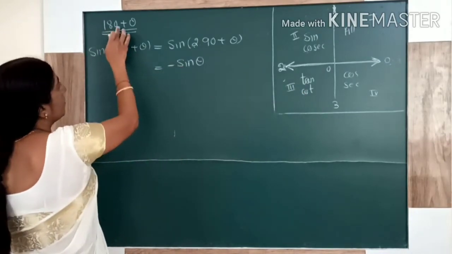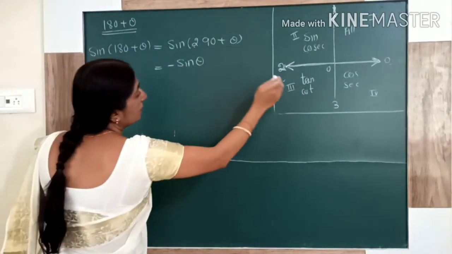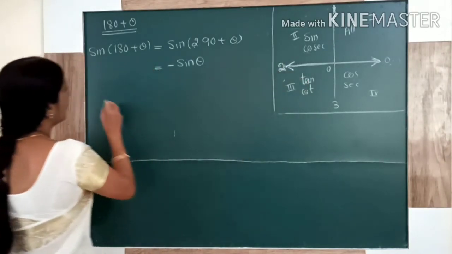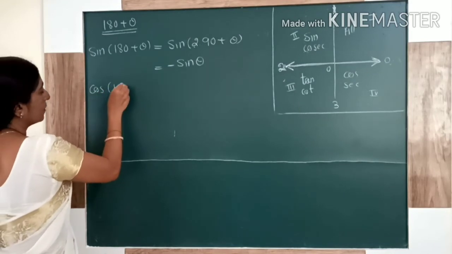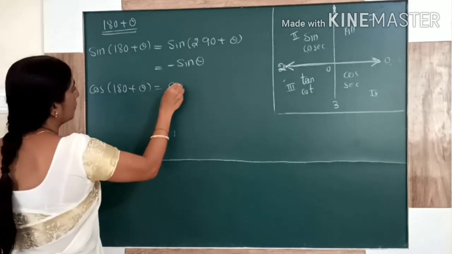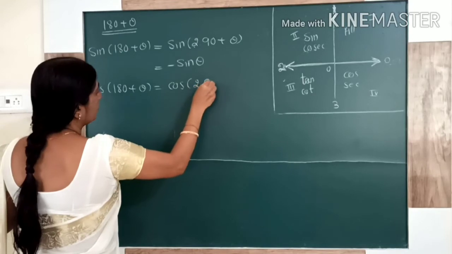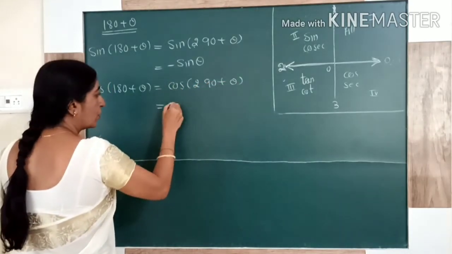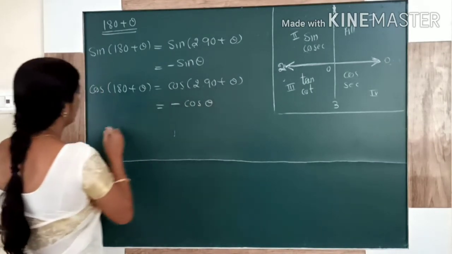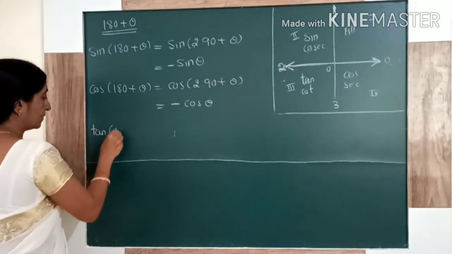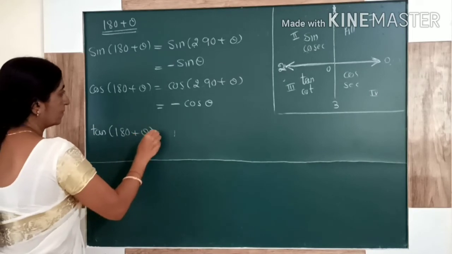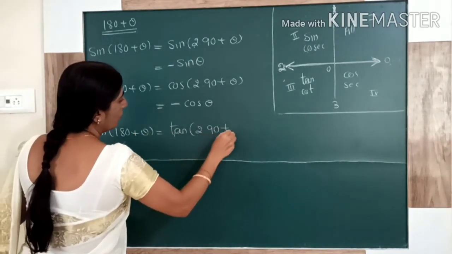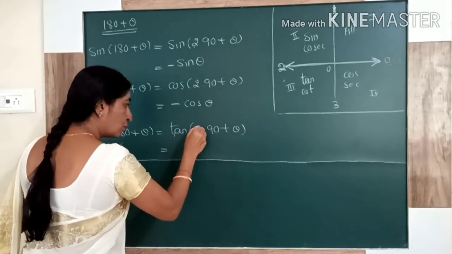That means for 180 plus theta, all values come in the third quadrant. In the third quadrant only tan and cot answers are positive. The remaining are negative. So sin is 2 even, and it comes in the third quadrant, so it is negative. But what about tan? It is 2 even.